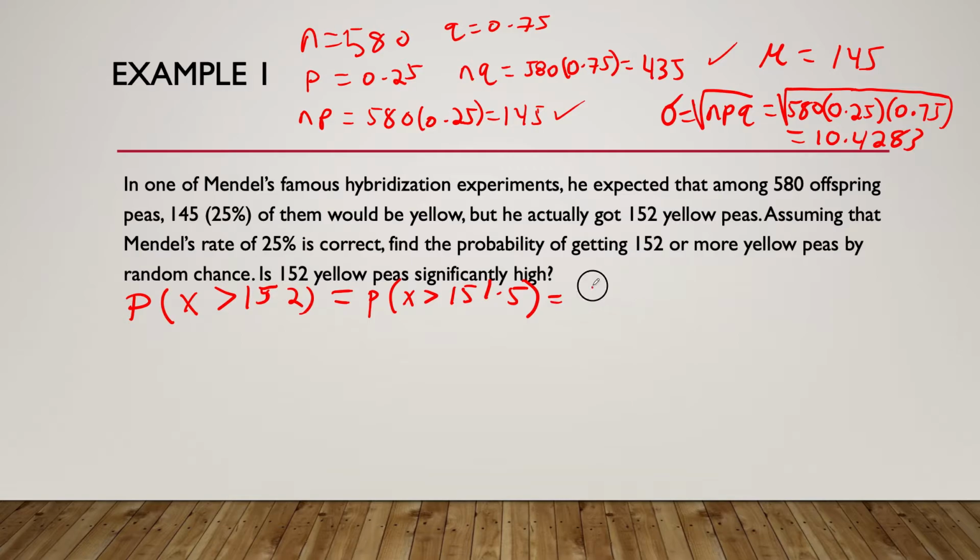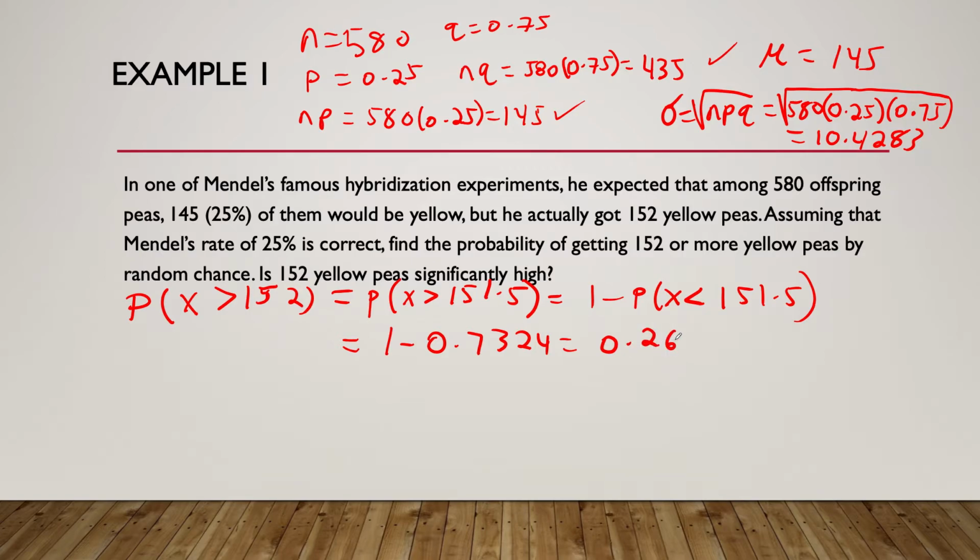It's the same thing as 1 minus the probability of x less than 151.5. Using that normal distribution, we get 1 minus 0.7324, and this gives us a value of 0.2676.